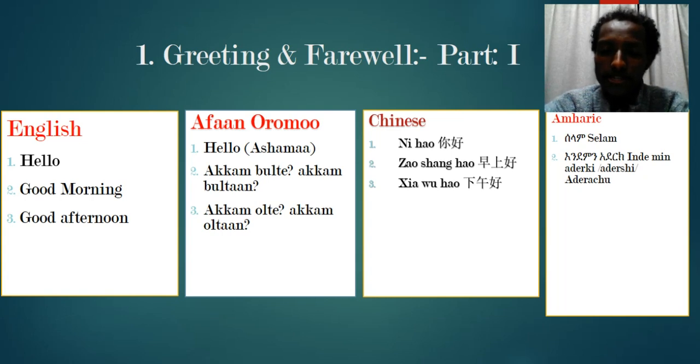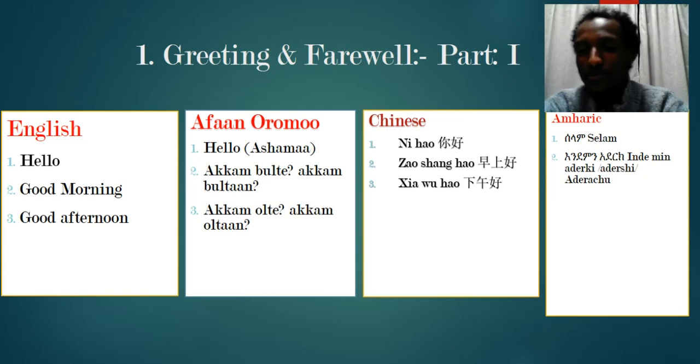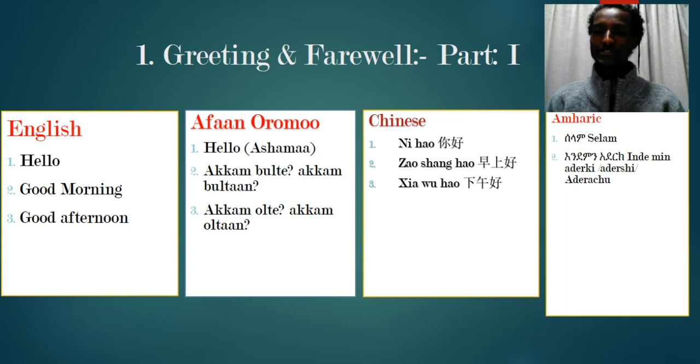Its sound is really very strong compared to others. 午 and 好 contain the third tone. When you meet a Chinese friend or someone who can speak Chinese, you can just say 下午好, 下午好.